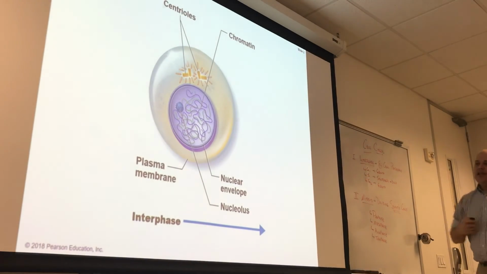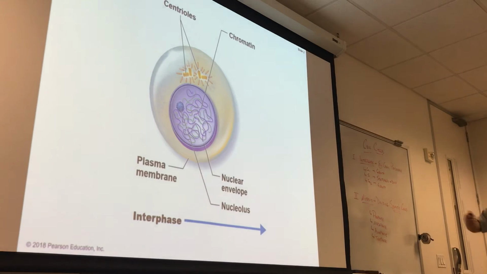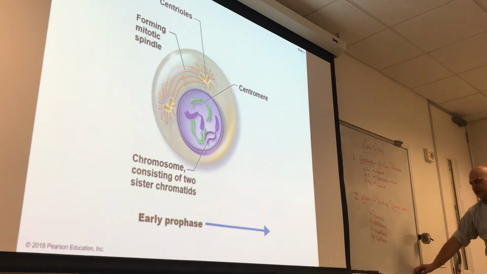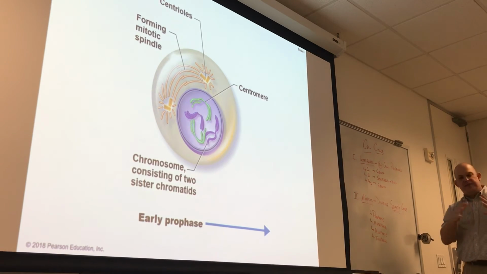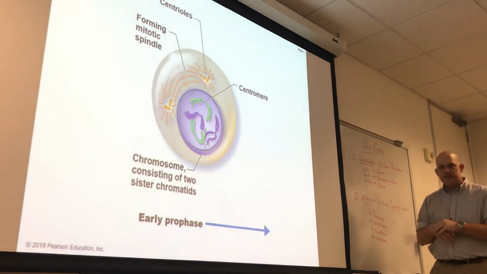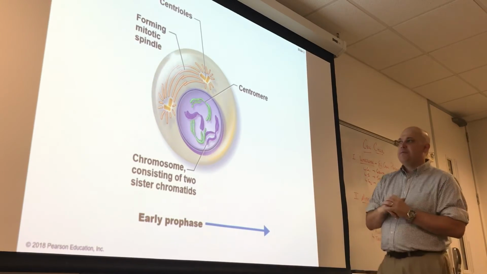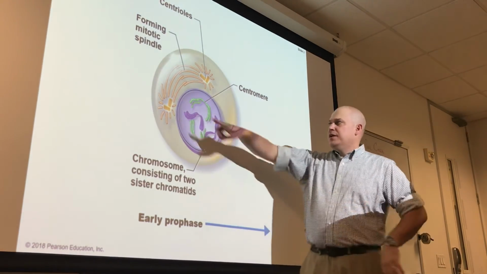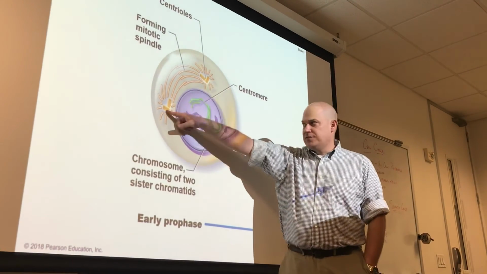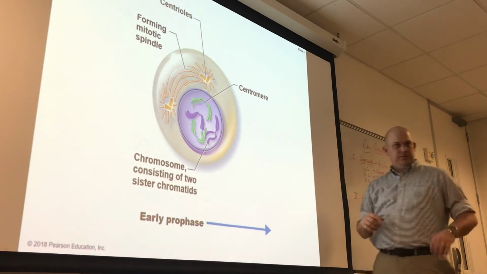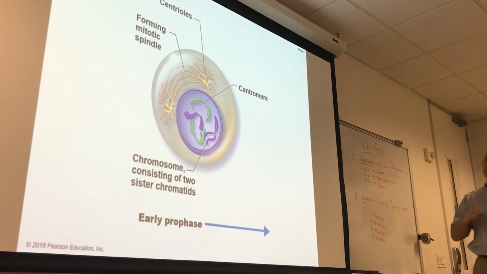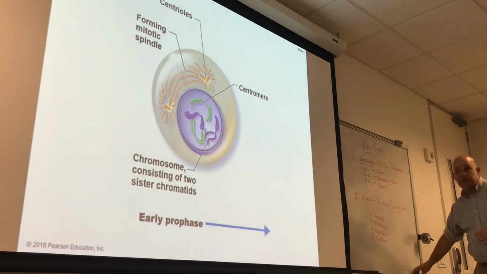As that cell enters into mitosis, it enters into something called prophase. During prophase, there are a couple of key events that take place. And it's important that you know the key events of each phase, as I described. Event number one: what do we see happening with the centrioles? The centrioles are actually moving.